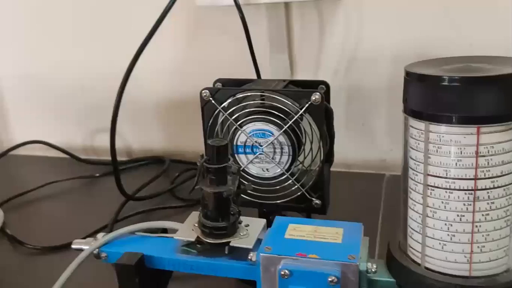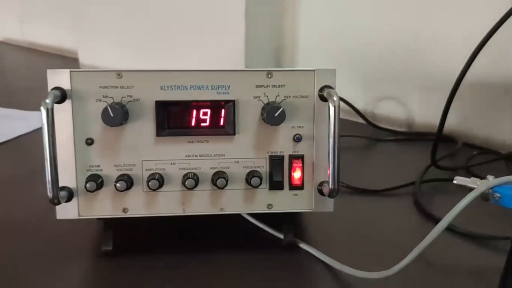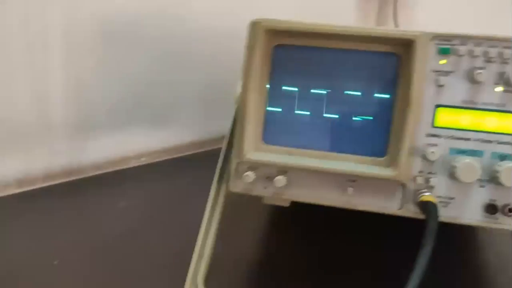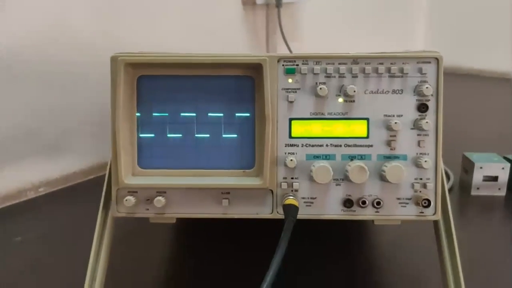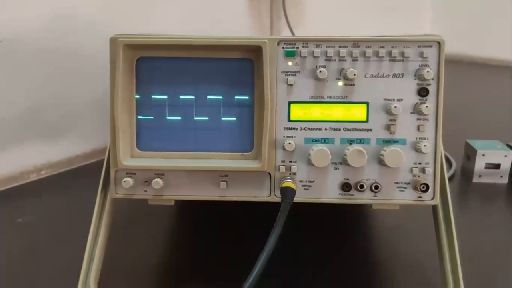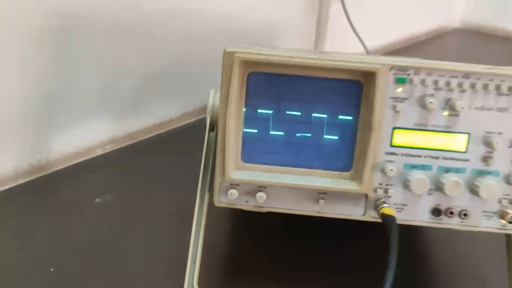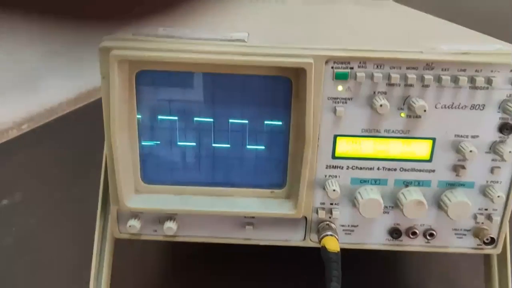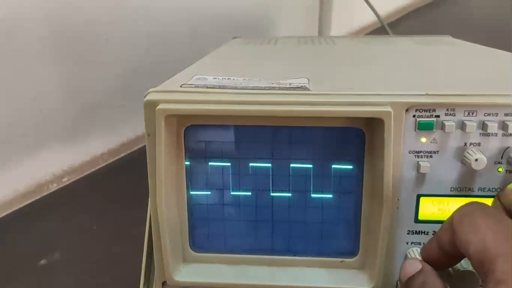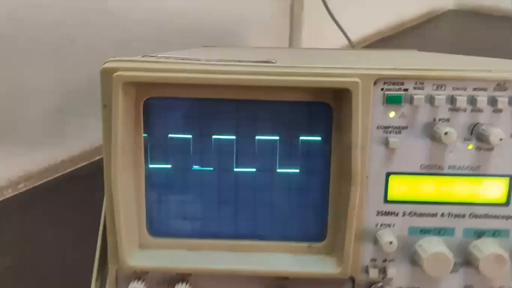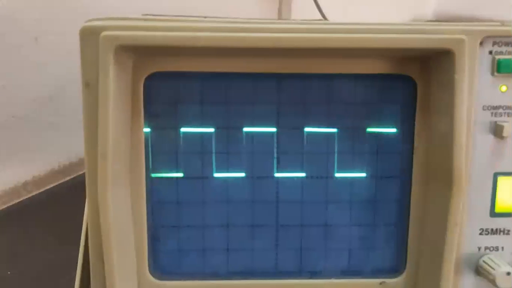After setting the knob of this repeller voltage, the next thing is that I have to observe the waveform. I have to take the reading of that waveform, how much voltage it has. For observing that, I have to adjust this Y position to the middle, and then I will take the reading.